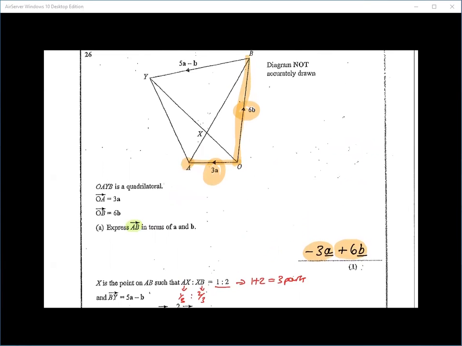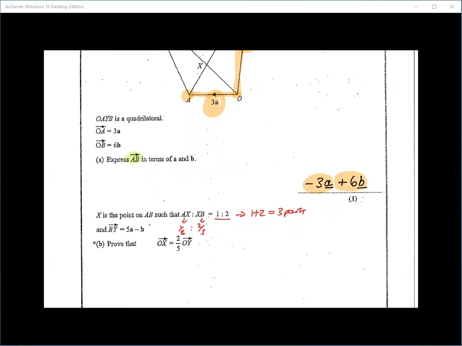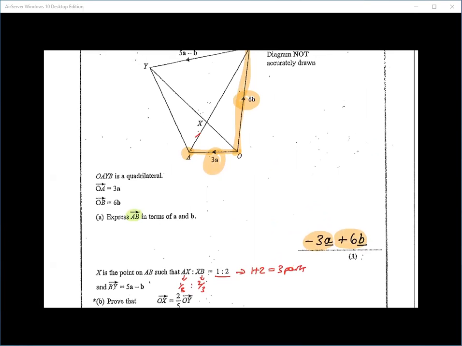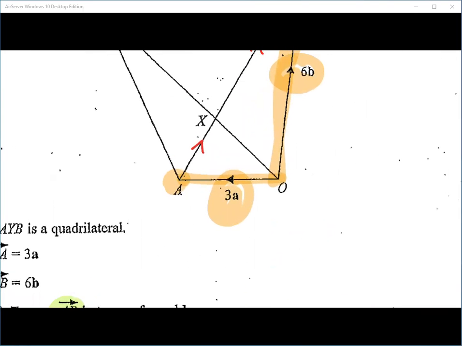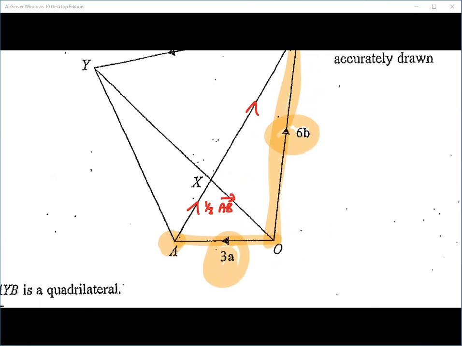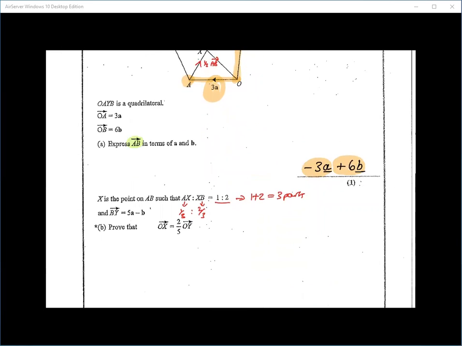So we can go and label it. Now we've done A to B before, so I'll label it in that direction. So we can label that as 1/3 of AB, and that next one will be 2/3 of AB, beautifully labeled according to the information that's given to us.